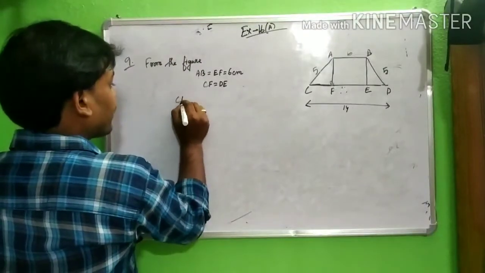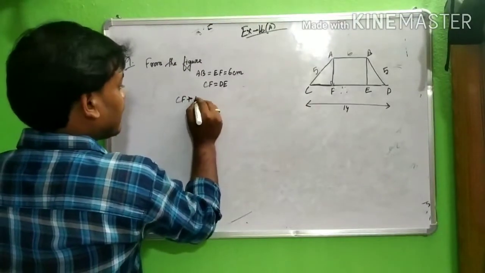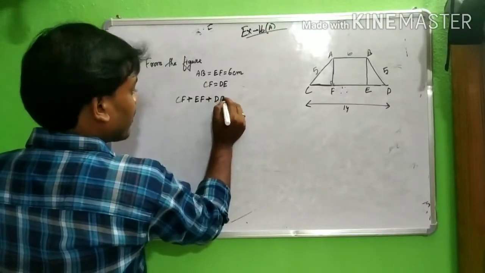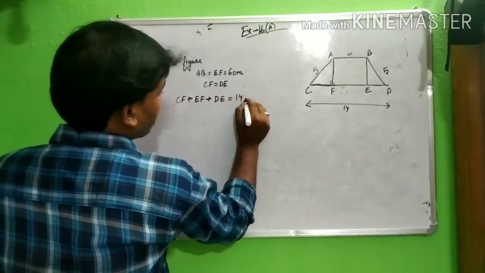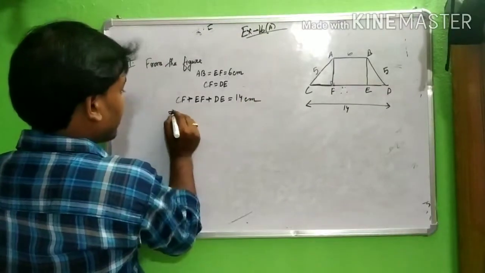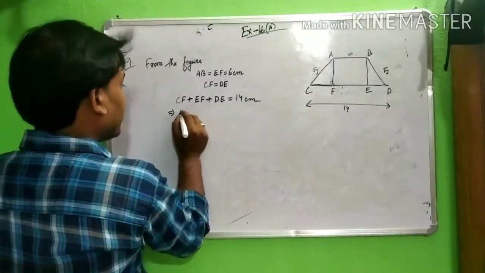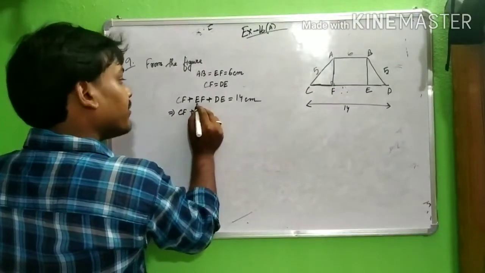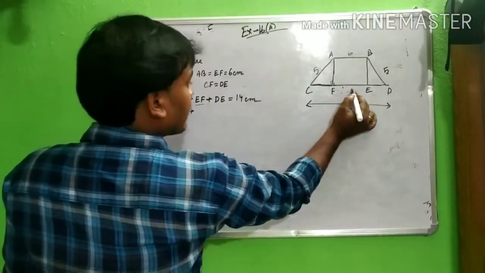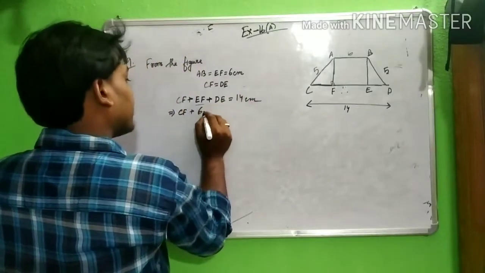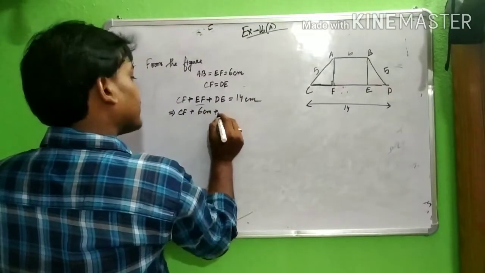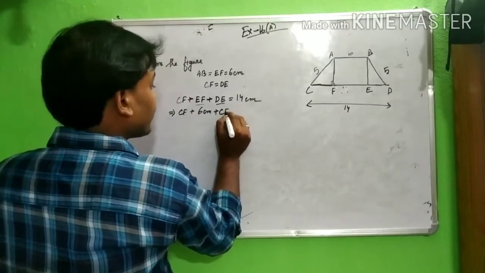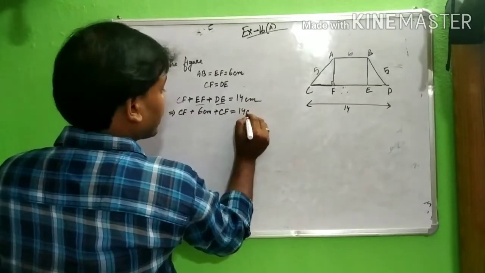So CF plus EF plus DE equal to 14 centimeter. Implies CF and DE are equal. So CF plus EF, the value of EF is 6 centimeter, 6 centimeter plus CF and DE, and CF equal. So it is also CF, so 14 centimeter.